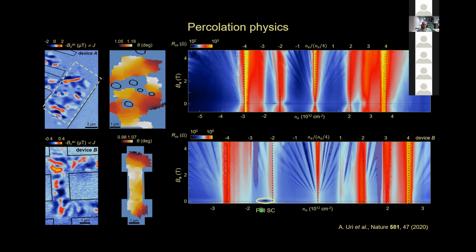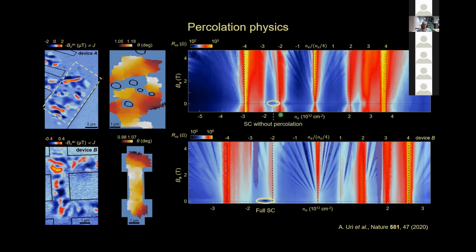Namely, in this region we have zero resistance. We have very sharp peaks in the IDVs. And one can understand why, because here we have a fully connected region of magic angle physics between the voltage contacts.